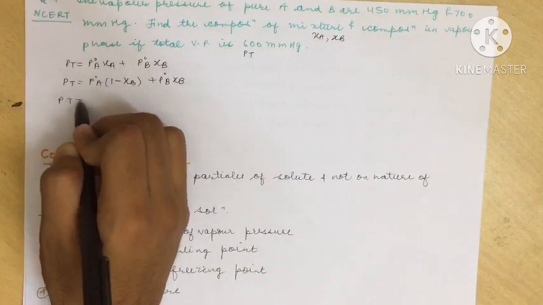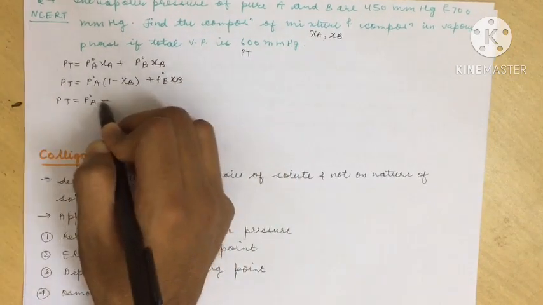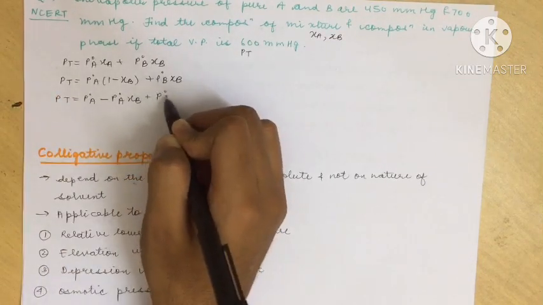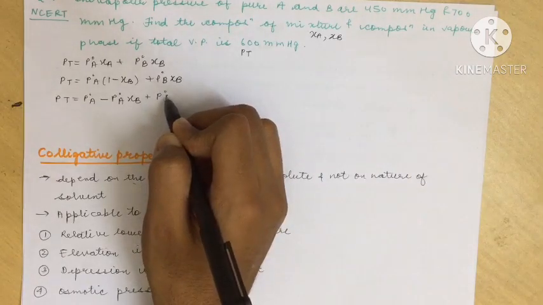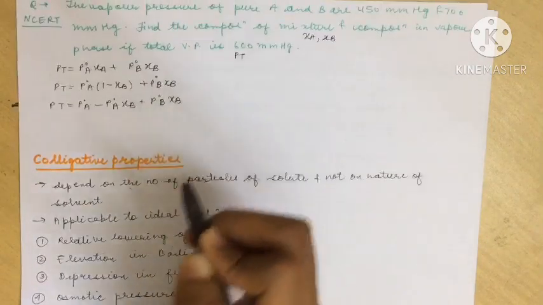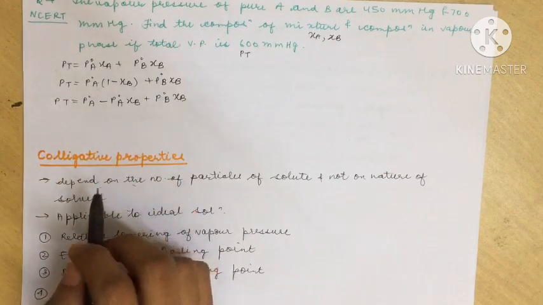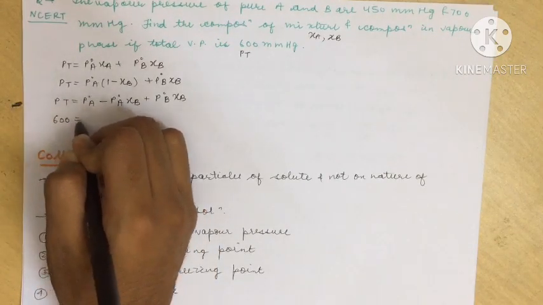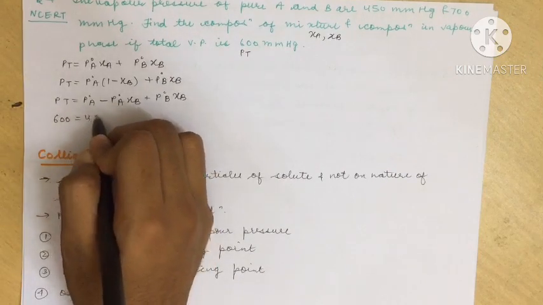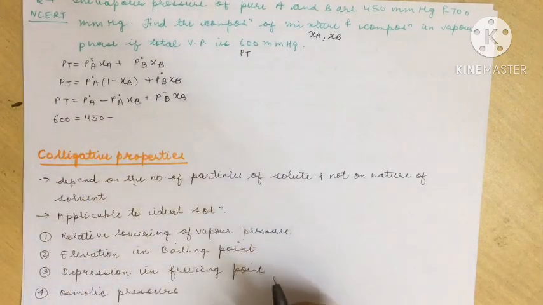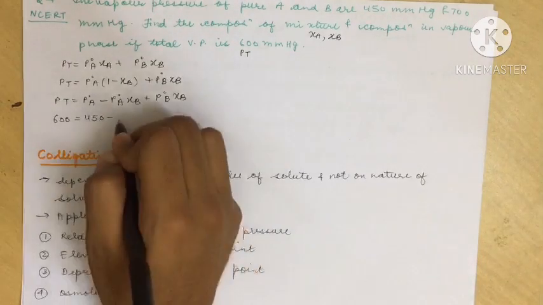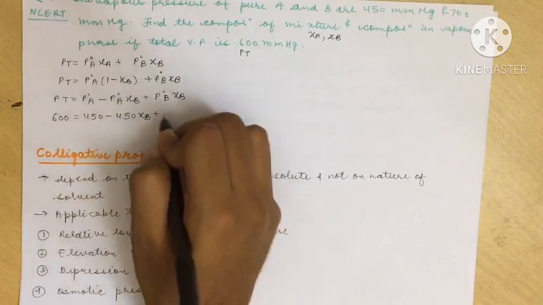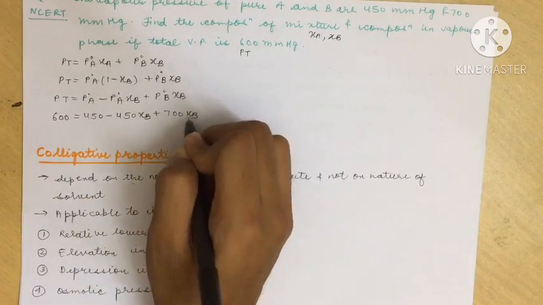Solving it, Pt equal to P naught A minus P naught A Xb plus P naught B Xb. Putting the values, Pt is 600, P naught A is 450 minus 450 Xb, plus P naught B, that is 700 Xb.